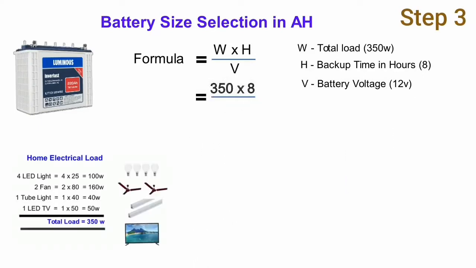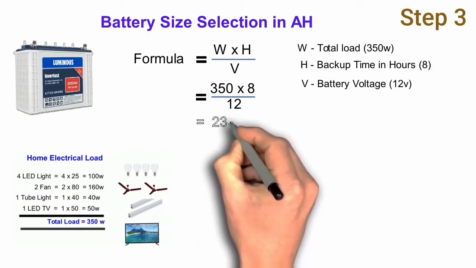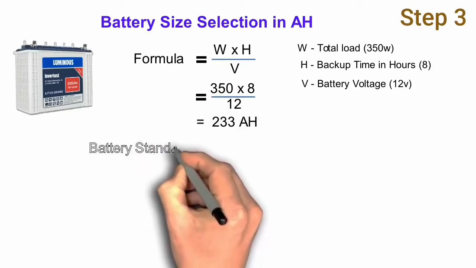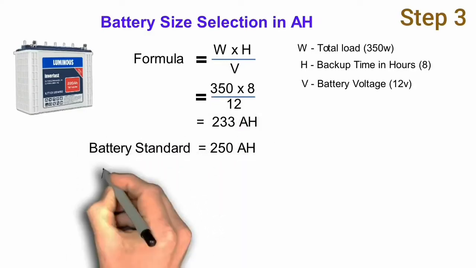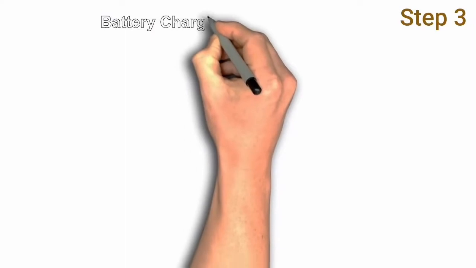Having done that calculation, you will have a total of 233 ampere, and 233 ampere is something you might not likely find on the market. So perhaps rounding off to 250 or bringing it down to 200 would do for your battery.